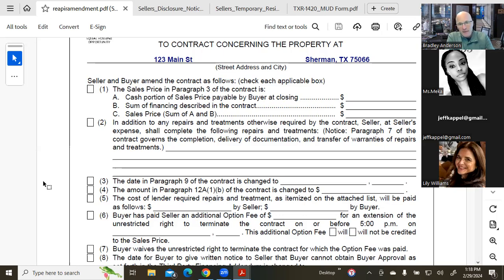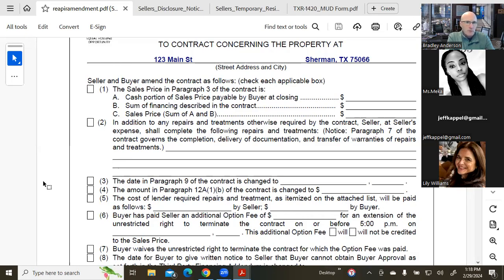And then, oh, by the way, you have to provide documentation that proves that they were done. For years, that detail of language did not exist until recently. And so a lot of agents would put in, please provide receipts for the repairs. You don't need to do that. It's already covered.